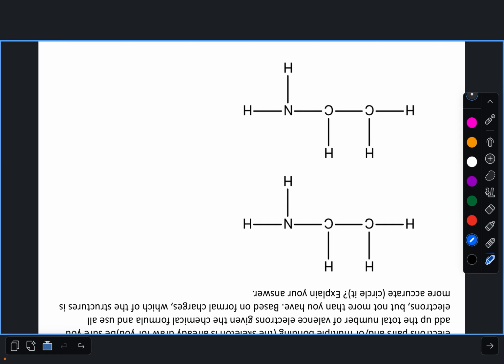Okay? So the first version is going to be a double bond here with a lone pair there. If you went and drew all the valence electrons, this would be the right number of them. Or the other version is this. Okay, so select which one's correct. Then I want you to identify the formal charge on carbon, carbon, and nitrogen. And then we're going to talk through that.